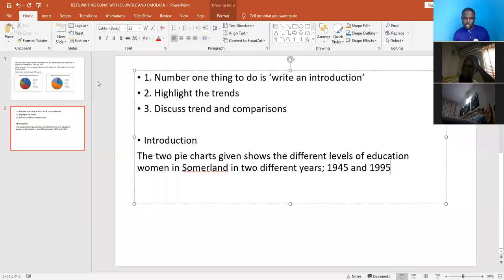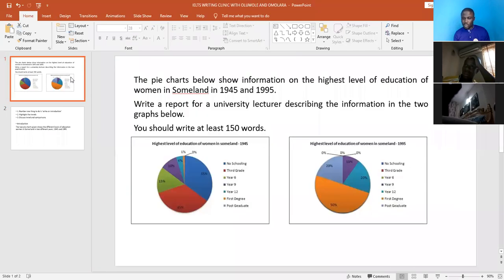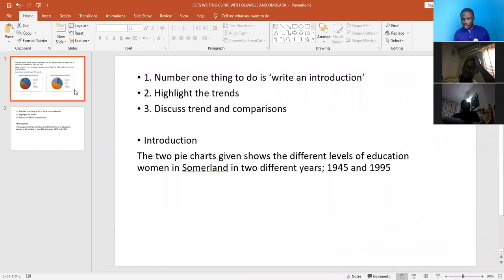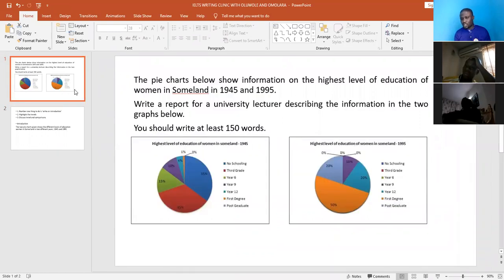Let me see if it directly represents the information given on the level of education. For me, I think this did not properly capture it. It gives the levels of education, not only the highest level of education. It gave the different educational levels of women in Summerland.